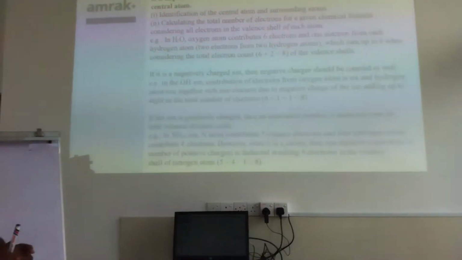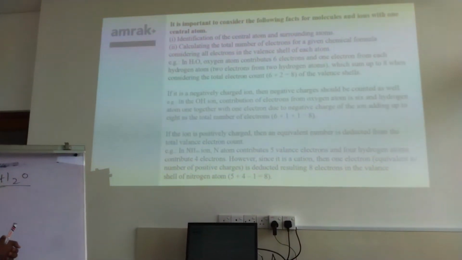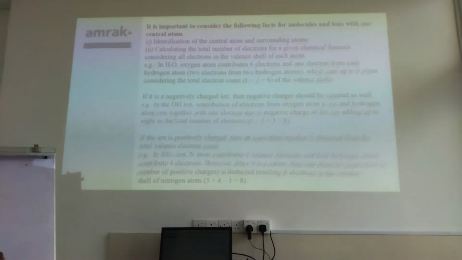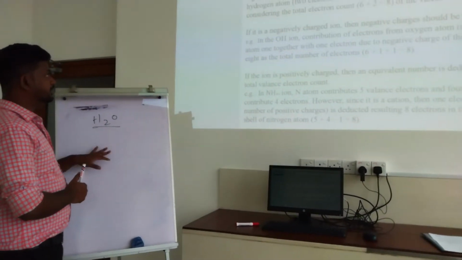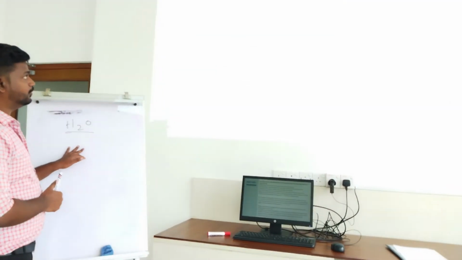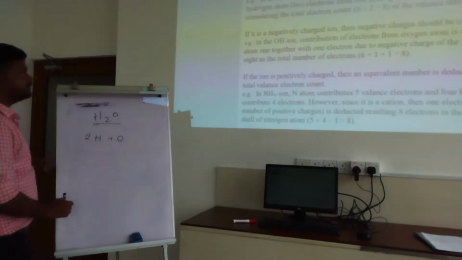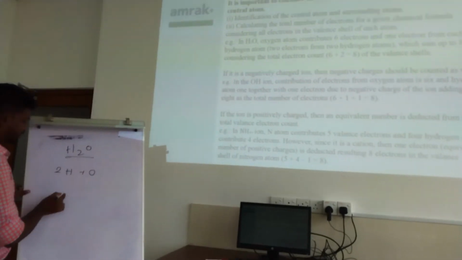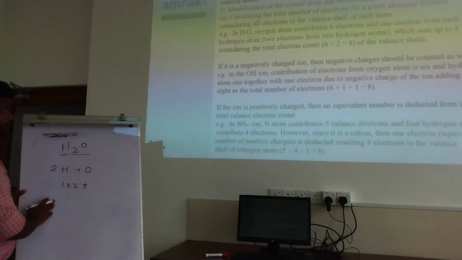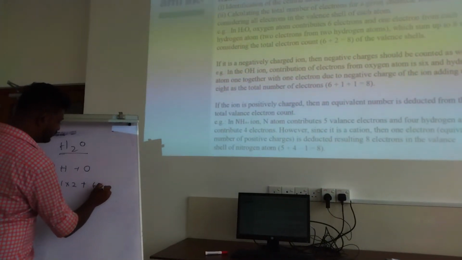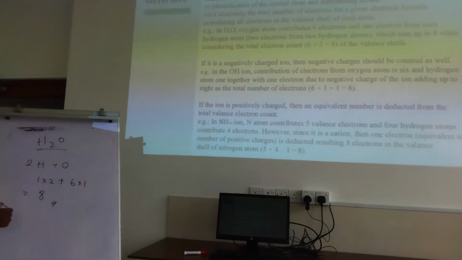Then you have to calculate the total number of electrons for a given chemical formula, considering all electrons in the valence shell of each atom. Let's say this is H2O, a water molecule. We have two hydrogen atoms and one oxygen atom. In hydrogen, you have one valence electron, and there are two atoms, so 1 times 2 is 2. Oxygen has 6 valence electrons, and only one atom is there, so 2 plus 6 is 8. So there are 8 valence electrons in total.